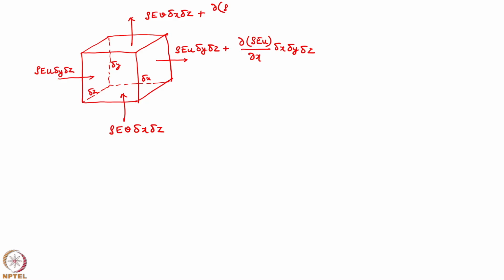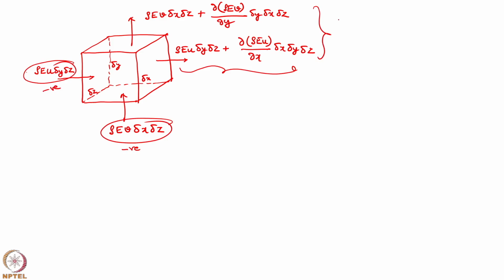Now the entering terms are negative because they are entering, and the leaving terms are positive. So, this term gets cancelled out with this term, and this term gets cancelled out with this term. So, on the left hand side I am left with that.